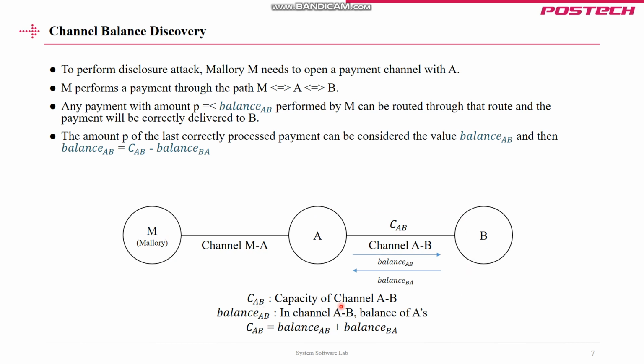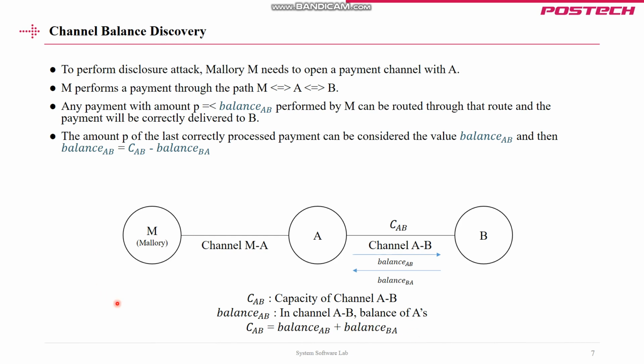And this is some notation. C_AB means the capacity of the channel AB, and this is balance AB, the balance of A's side in channel AB, and this equation is always true.